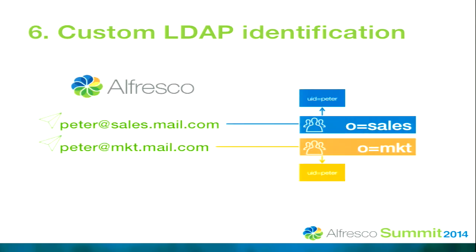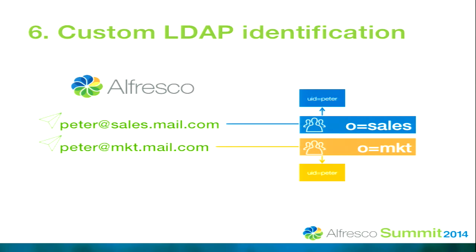This is from a customer too, who has 2 LDAP branches. Okay, one in sales and another in marketing, and the users have a name as UID. So if they enter with just the name, I don't know if it's on one branch or on the other branch.